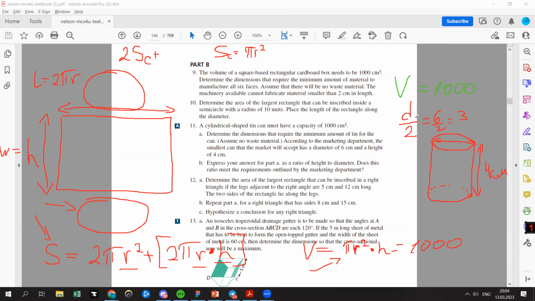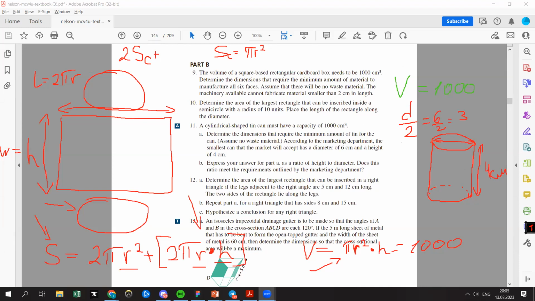You divide it by 2 because in this formula you use radius, and here you're given the diameter of the cylinder, and diameter is 2 times the radius. Okay.